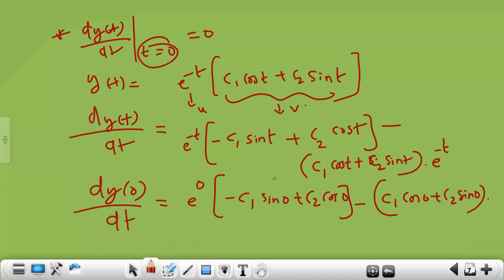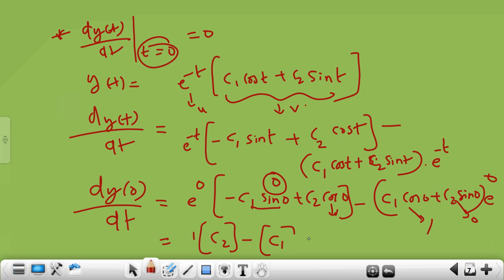Sin 0 will become 0, cos 0 will become 1. So only C2 minus of this is 0, and this is 1, so 1 into C1 is C1. So the answer is C2 minus C1. Correct?